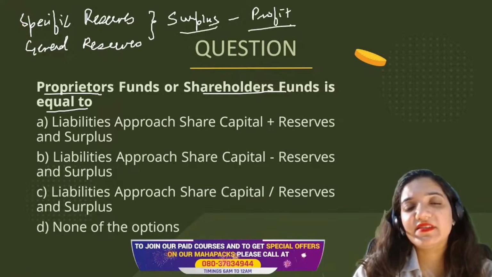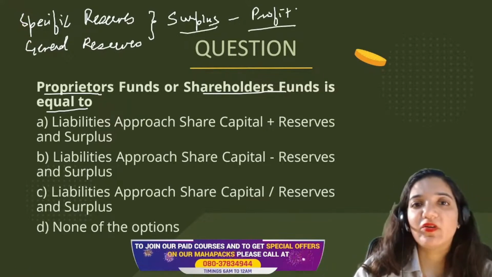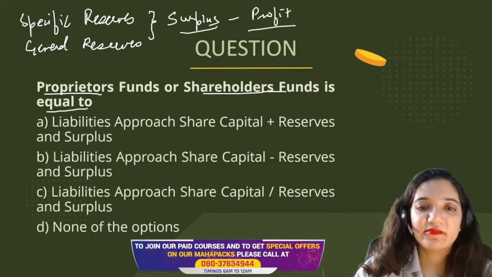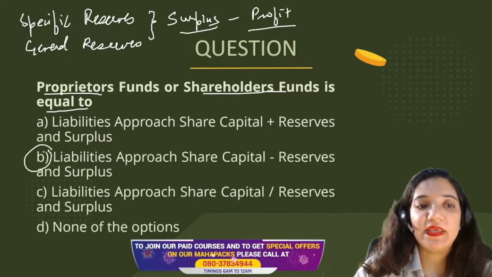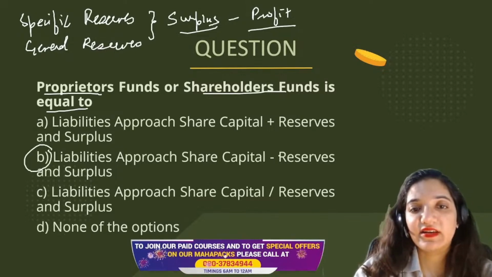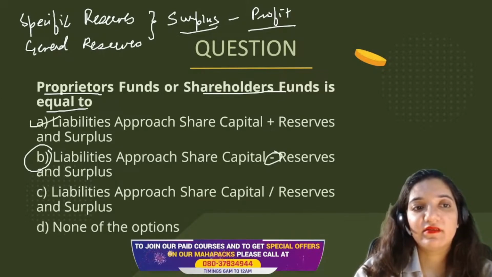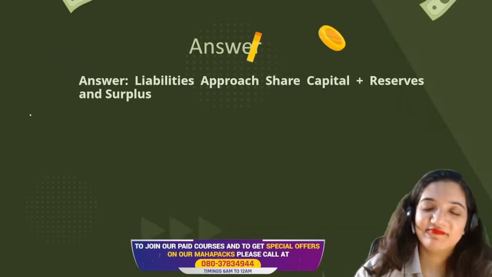If we make a good amount of profit, that would be called profit there. So in this case, the answer is going to be B. No, B has a deduction now. It would be A. Liabilities approach is share capital plus reserves and surplus.